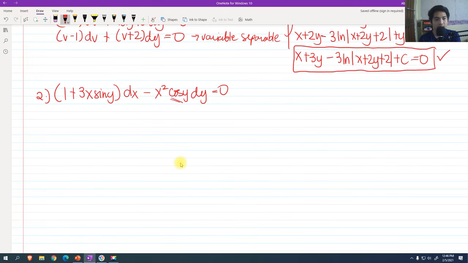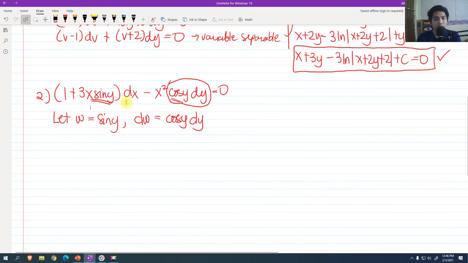So let's try that. If we let w equals sine of y, then getting the derivative of both sides, we have dw equals cosine of y dy, of which cosine of y dy is here, and this is the sine of y. So we will be substituting these variables to make our equation easier to solve.